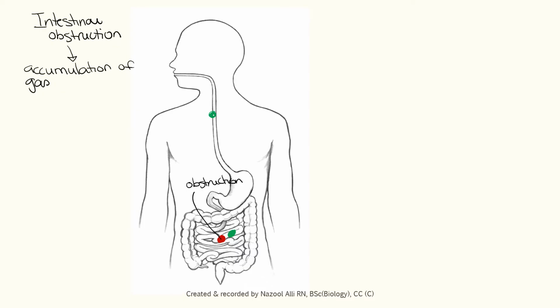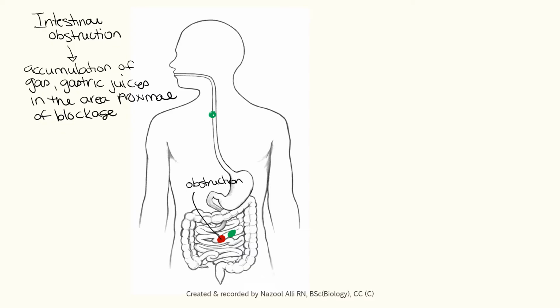So we're going to see accumulation of gases, gastric juices, and this is all accumulating in the area proximal to the blockage. So just where the area of blockage is, just proximal, we're going to see the accumulation of this gas.